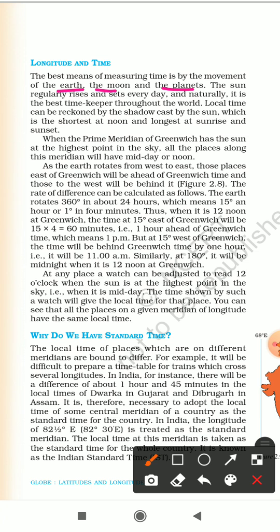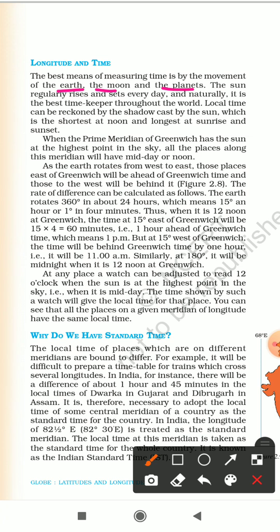Now, as the earth rotates from west to east, the places which fall in the east of Greenwich will be ahead in time of Greenwich, and the places west of Greenwich will be behind in time.